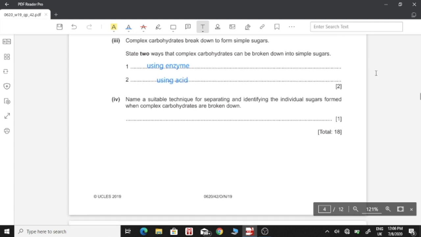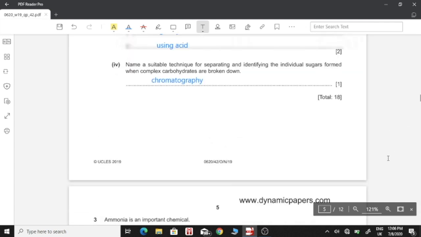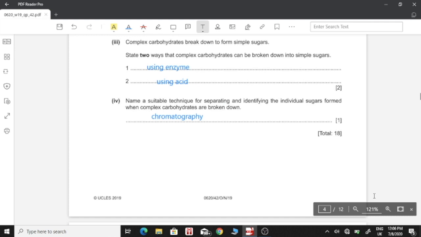Name a suitable technique for separating and identifying the individual sugars formed when complex carbohydrates are broken down. So the only way for us to identify them and separate them is using chromatography, because all of them are going to be soluble in water.